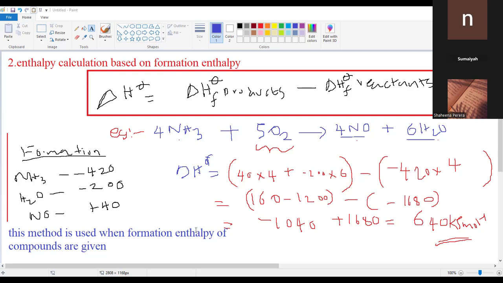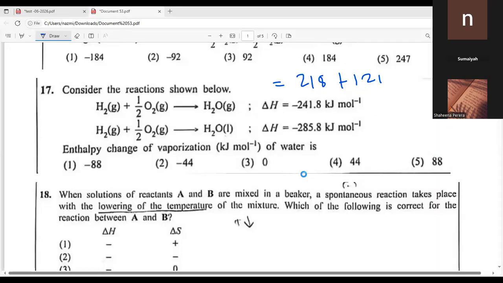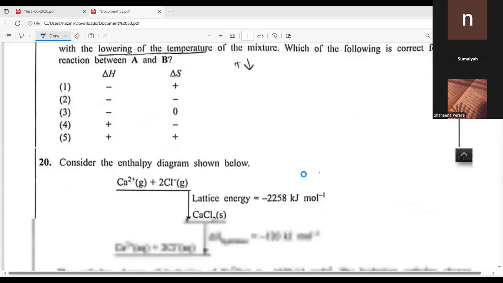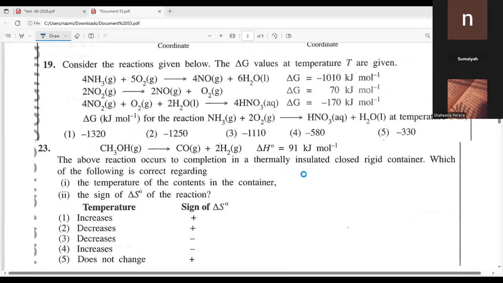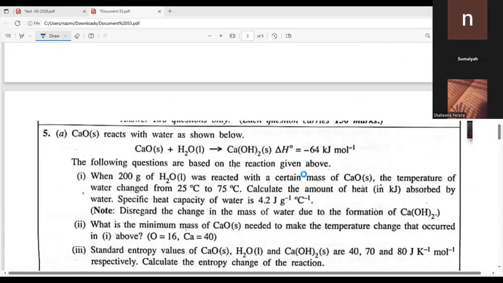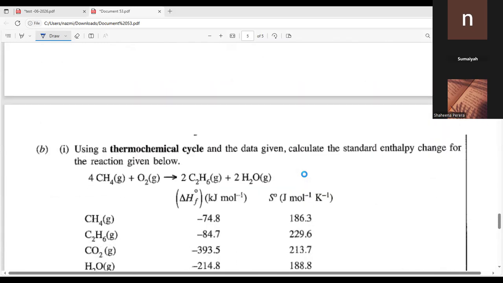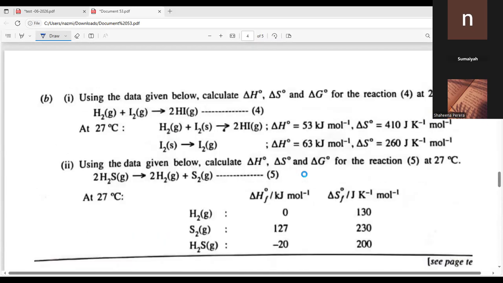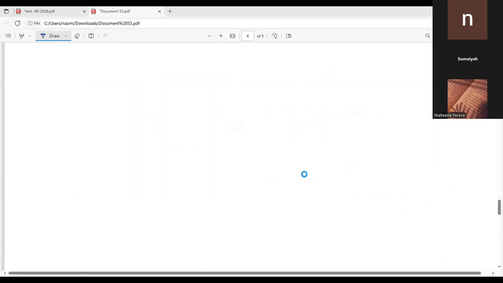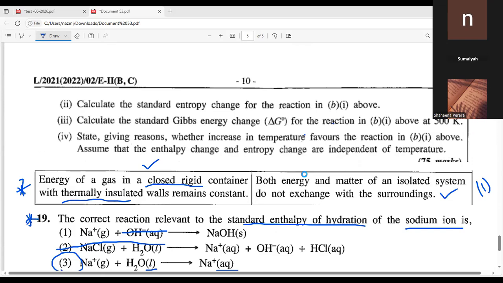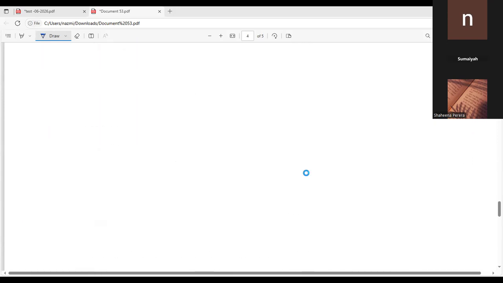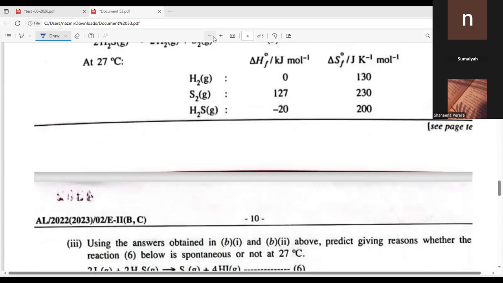Okay. So we can do one more question based on formation enthalpy.